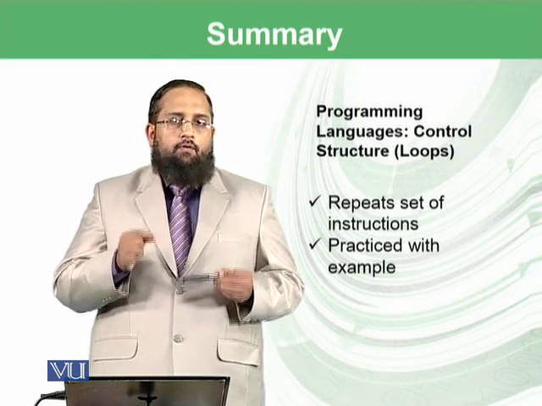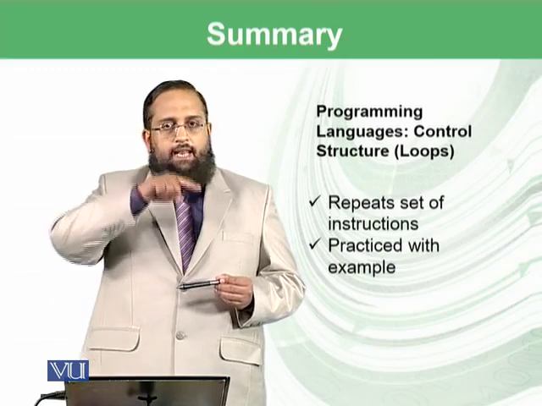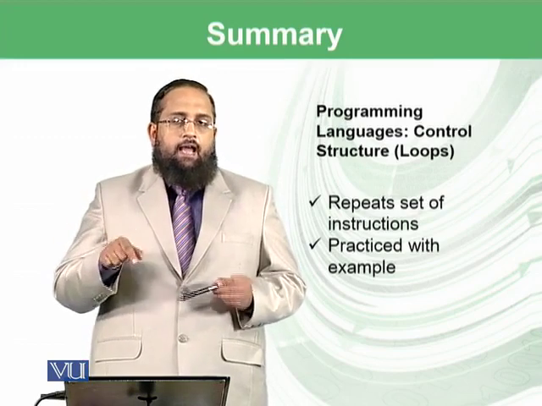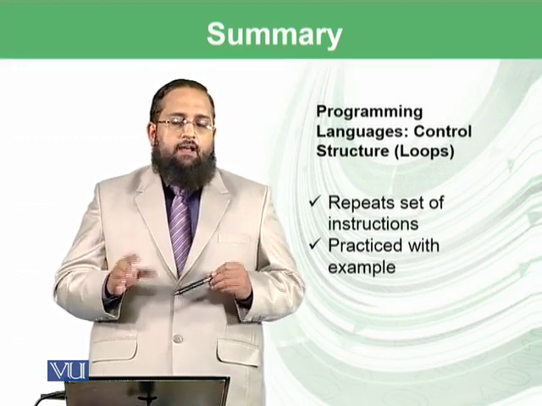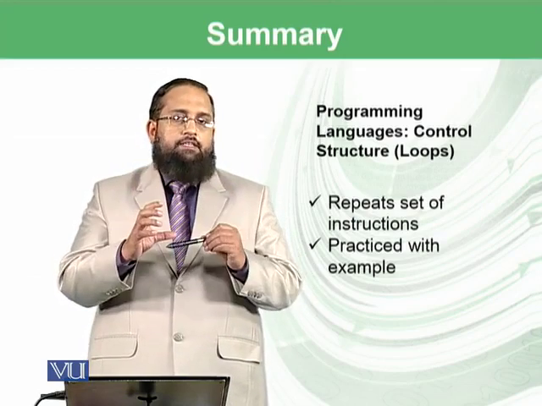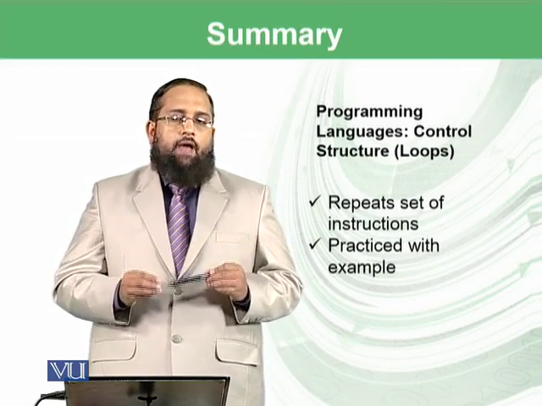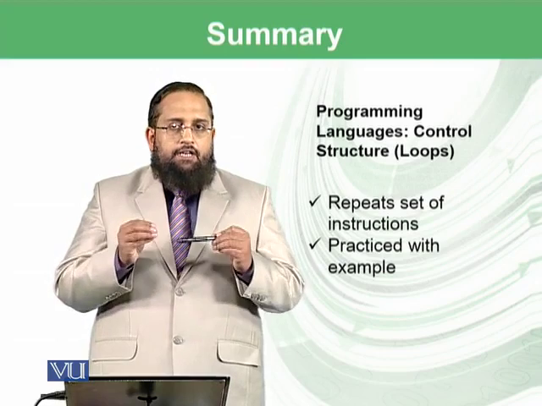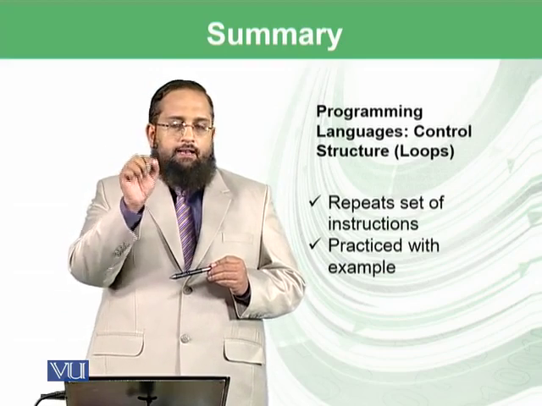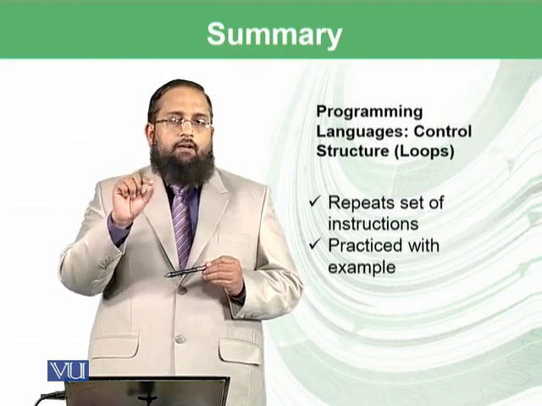Instead, the loop will check the condition, and if the condition is true, it will execute the same instructions again and again. If you have inserted 100 instructions in the while loop body, those 100 instructions will be executed for as long as the condition you have given in the brackets of while holds, such as while I is less than equal to 10 or I is less than equal to 200, and so on.